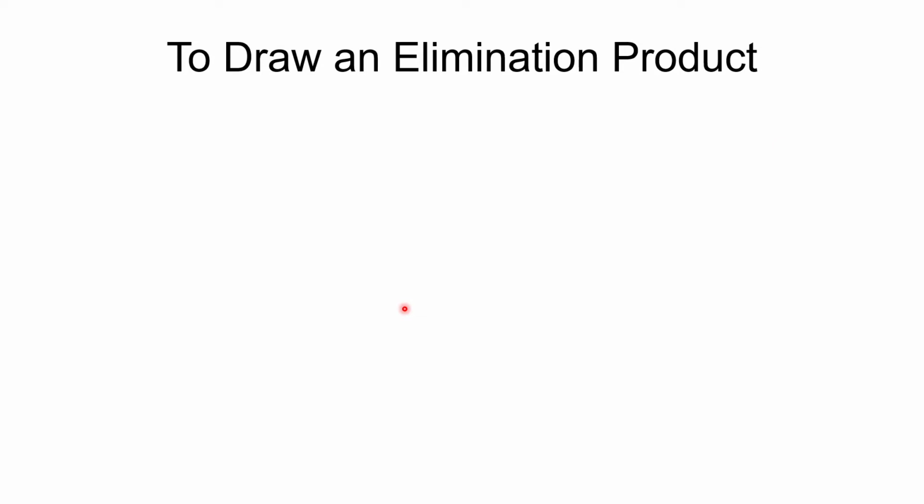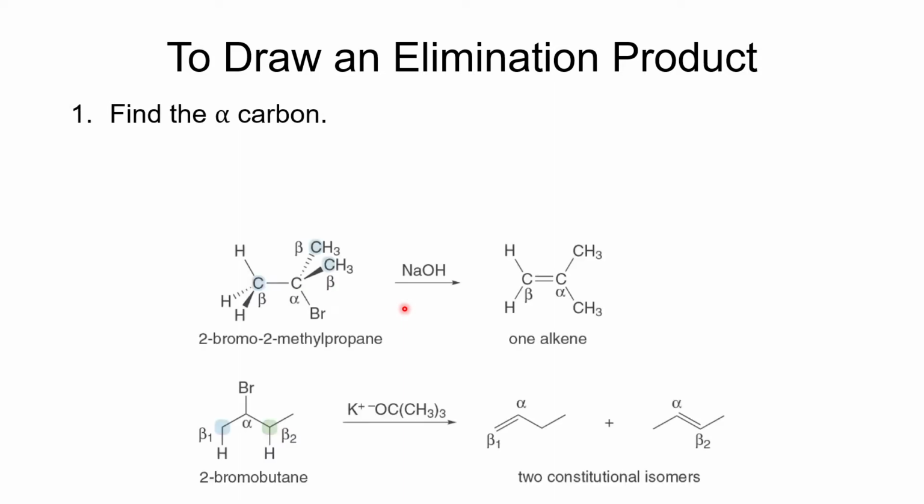So to draw an elimination product, we need to first find our alpha carbon. And so here is an example. We've got 2-bromo-2-methylpropane. This one's tert-butyl bromide, if we want to look at it that way. There are 3 methyl groups attached to this central carbon, and that is our alpha carbon, the carbon that has the halogen on it.